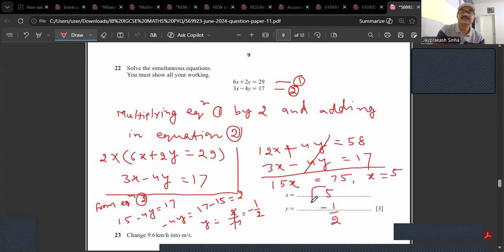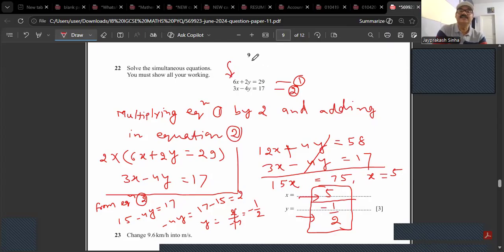Okay, so this is our answer. x is equal to 5 and y is equal to minus 1 by 2. Correct? You can check also. I'm checking it by putting it in equation 1.